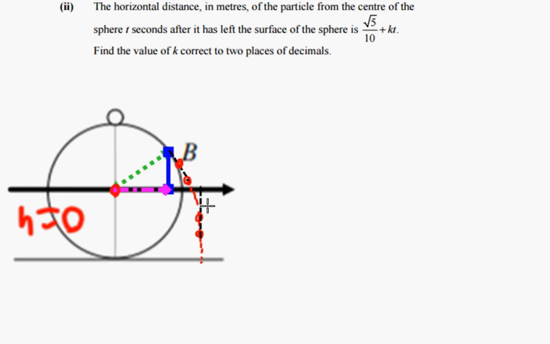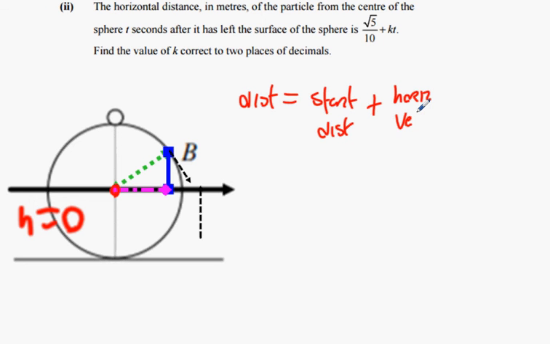That's my job, okay? So what I could do, in theory, is the distance equals its starting distance plus its horizontal velocity multiplied by time.